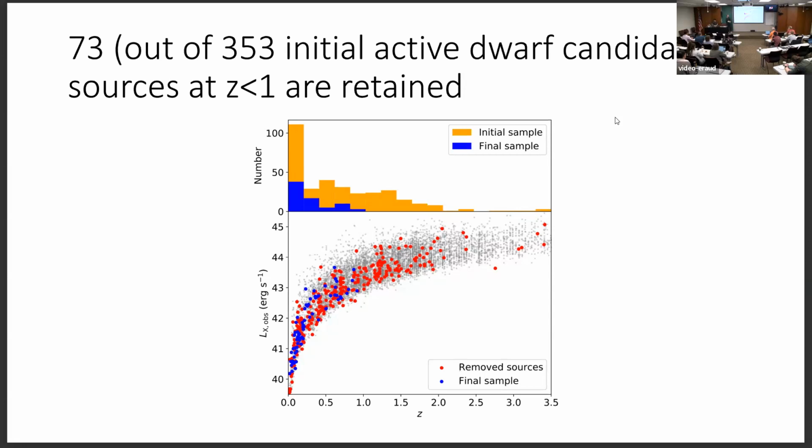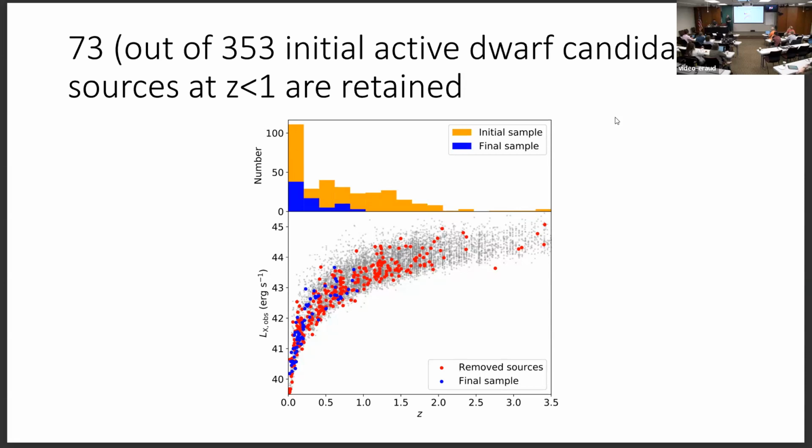And I think this figure clearly shows you how challenging it is to select active dwarf galaxies, especially if you want to go to the high redshift. And all the sources above z of 1 are simply removed. And even down to low redshift, we also have a limited successful rate of selecting such active dwarf galaxies.